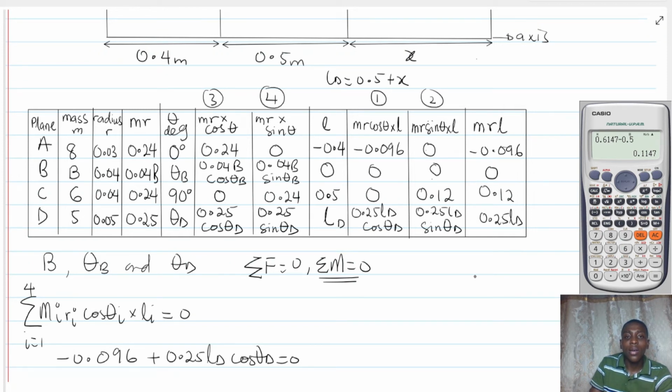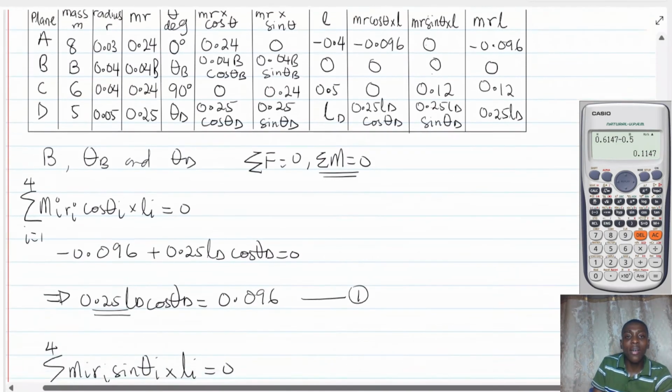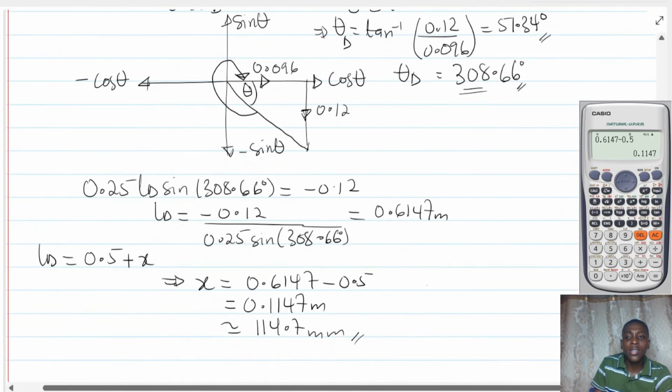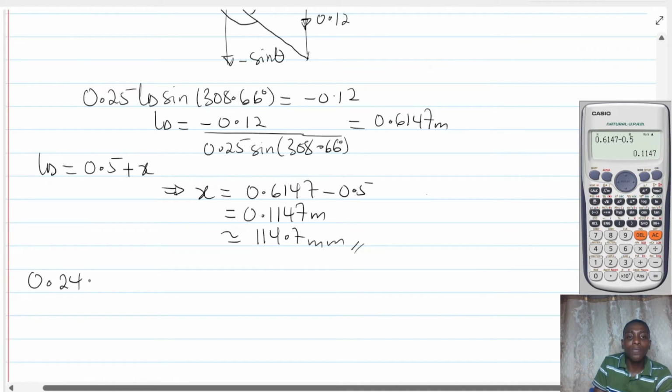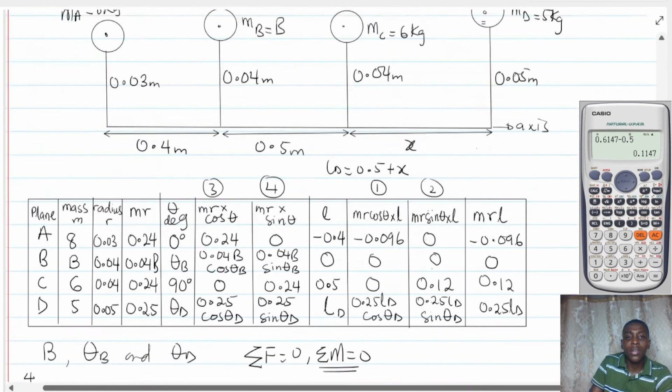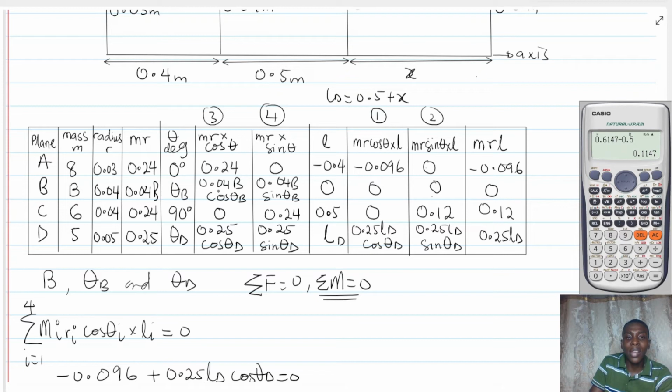We realize that it is only 0.24 which is actually a number, and all the rest are variables. So 0.24 plus 0.04 b cos theta b plus 0.25 cos theta d, in other words summing every column here.